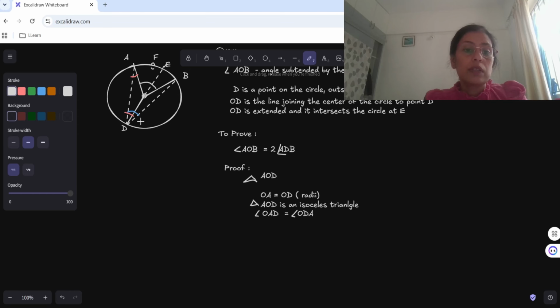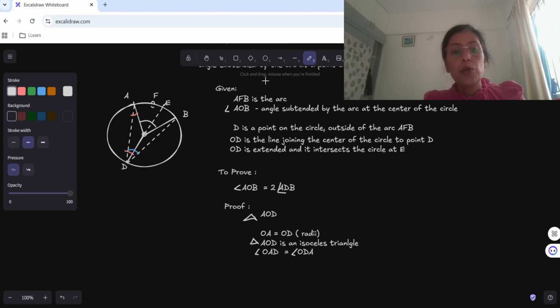Now, what we see is this angle AOE. This angle AOE is the exterior angle of the triangle.